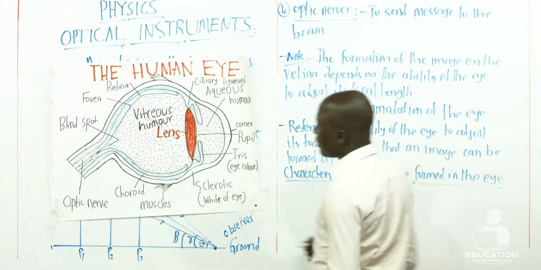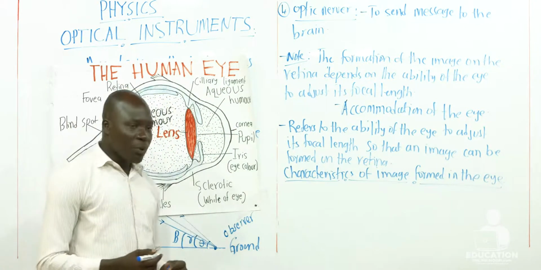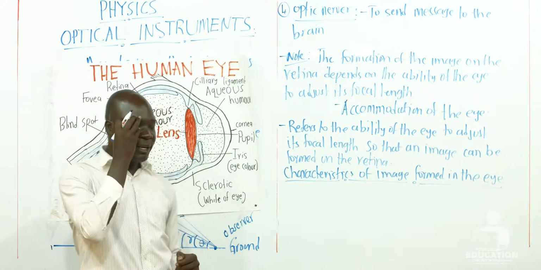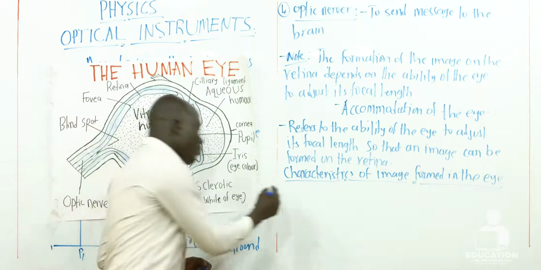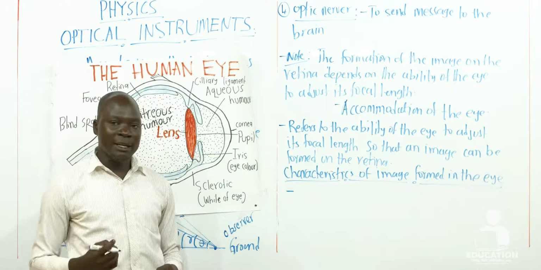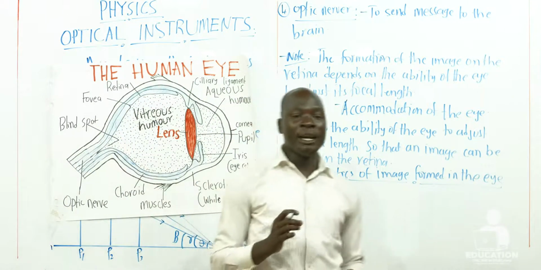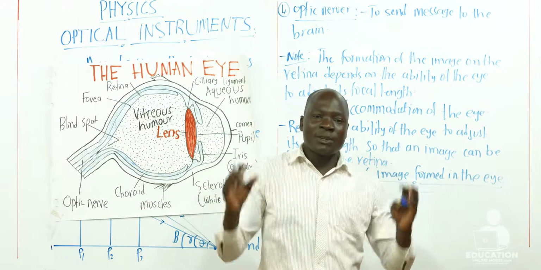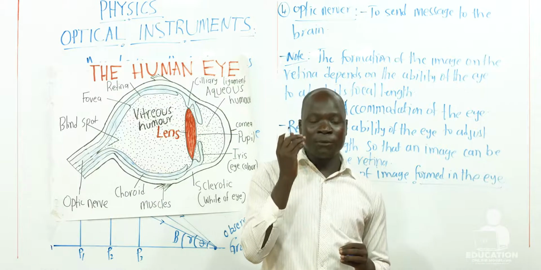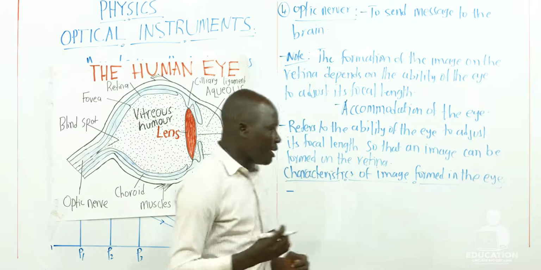Now, what is the nature of the image formed on the human eye? As we can see, the human eye is very small, found in our head. Which means the image that will be formed must also be smaller than the object. When we look at a human being, he looks bigger. But the whole size of the human being cannot be formed in the small human eye that we have, which means the image formed on the retina is smaller than the object.